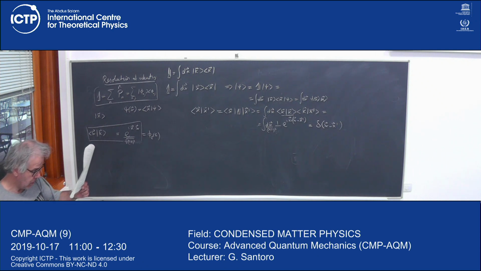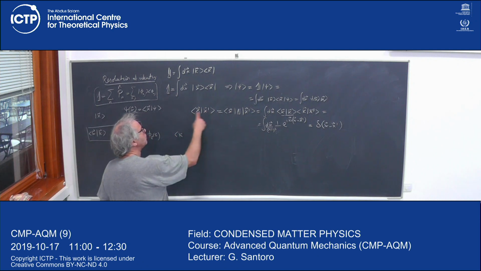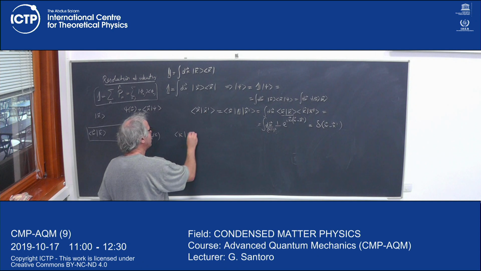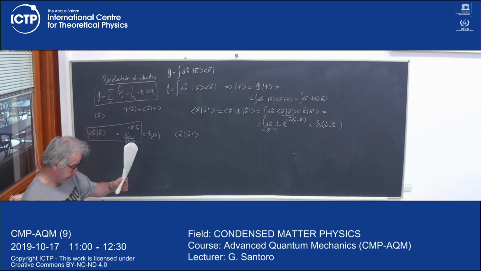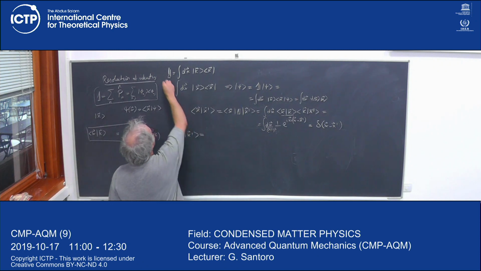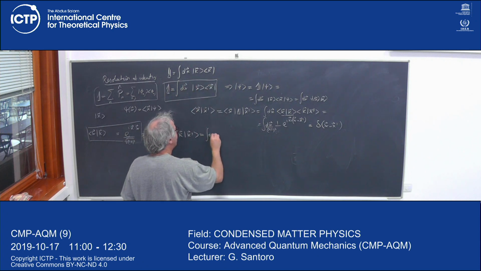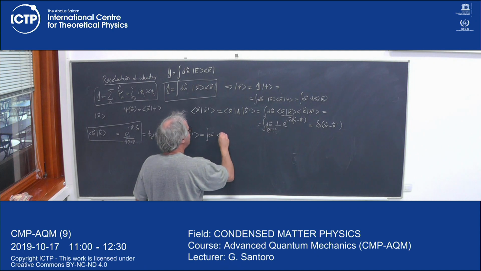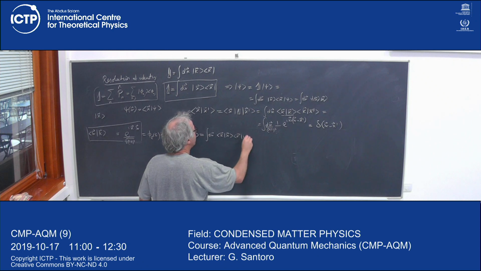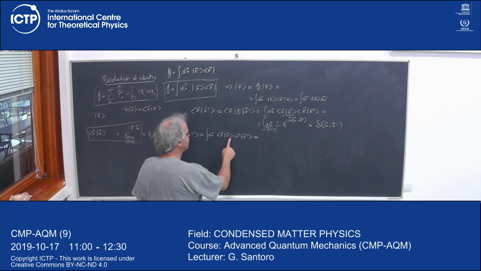Second thing, suppose that I ask you to calculate the scalar product of two momentum eigenstates, k and k prime. Then I do almost the same thing, except that now I insert an identity with position eigenstates. So this is an integral over d^3x of k|x x|k prime. What is this?